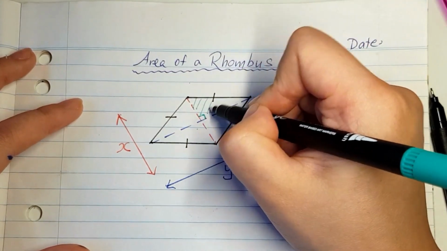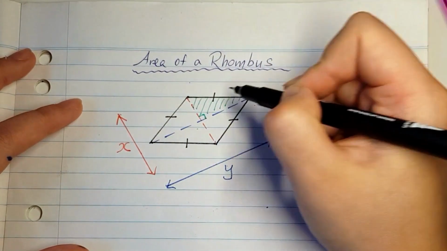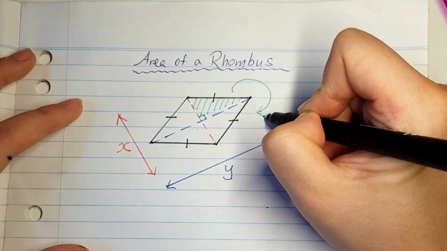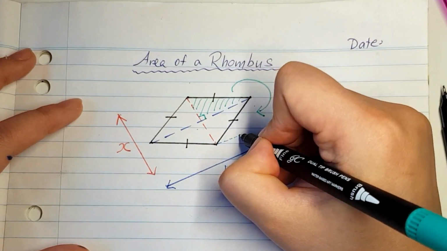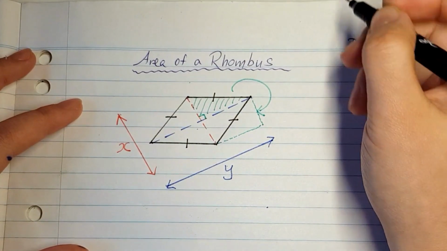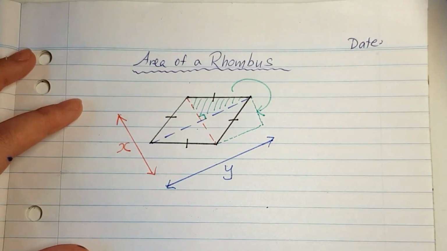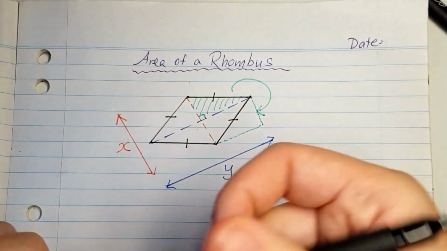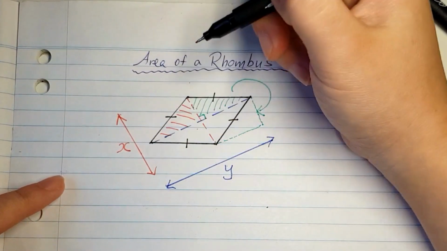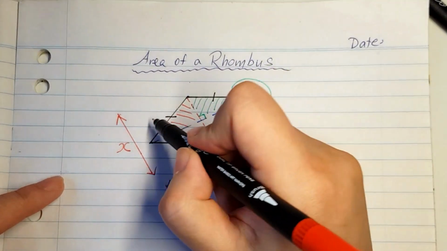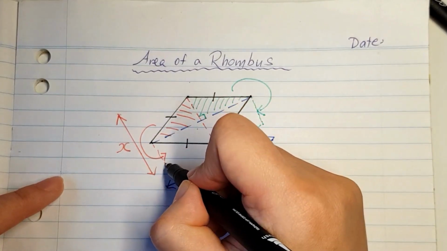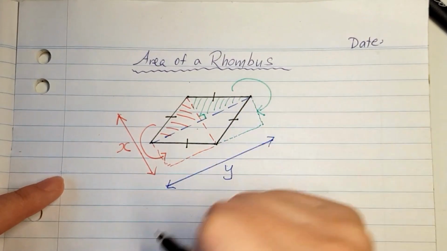So I can take this triangle here, cut that out, and I can move it to this side and put that triangle here. Similarly, I can take this triangle and I'll cut that out, spin it around and attach it onto this side.